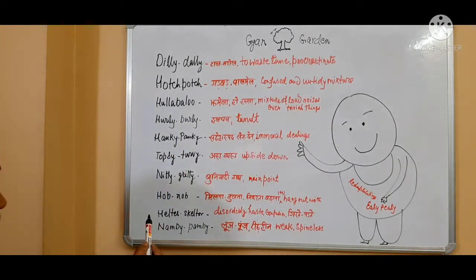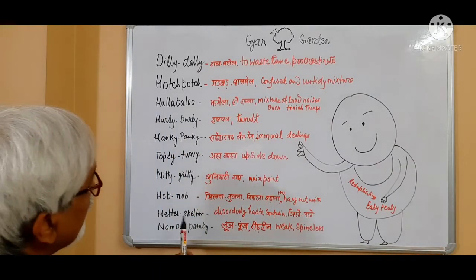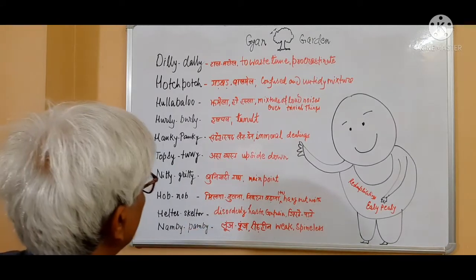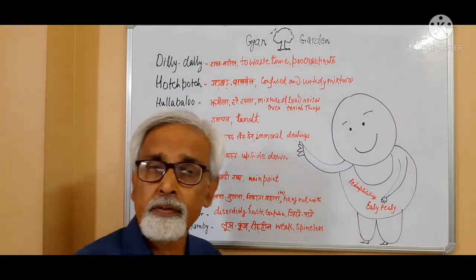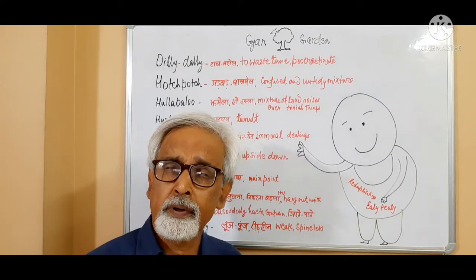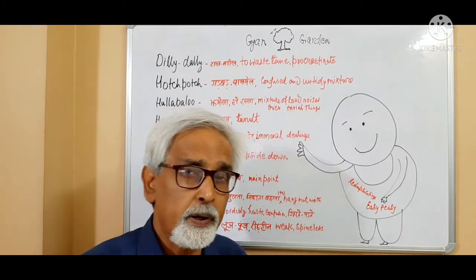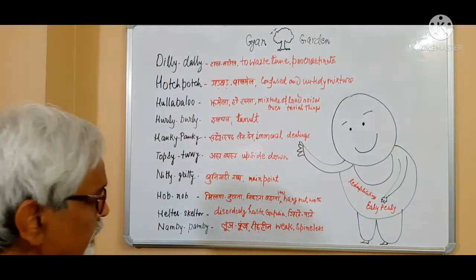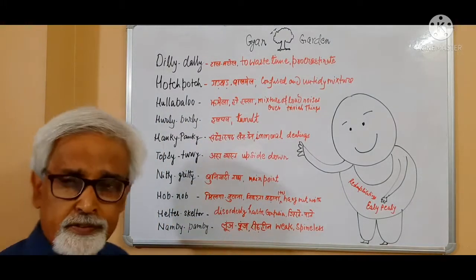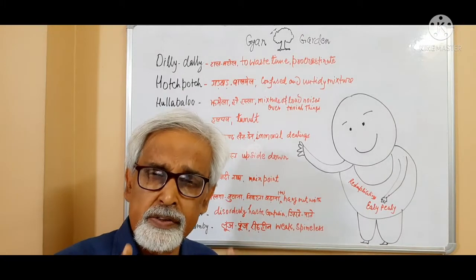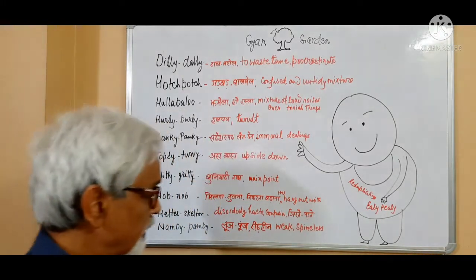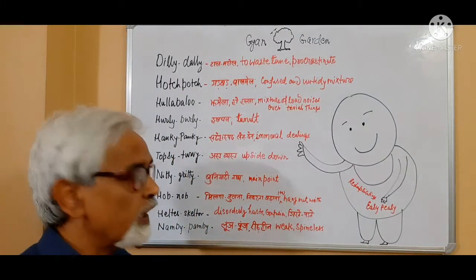Now the next word is helter skelter. Helter skelter, गिरते पड़ते, अफड़ा तफड़ी, okay, disorderly haste, जल्दीबाजी, disorderly confusion.